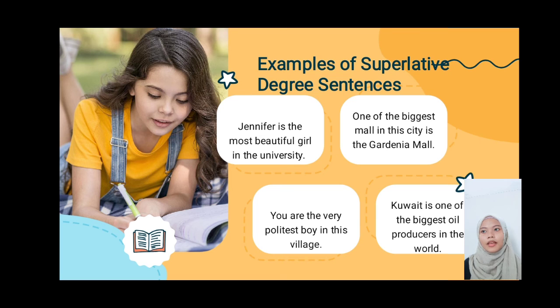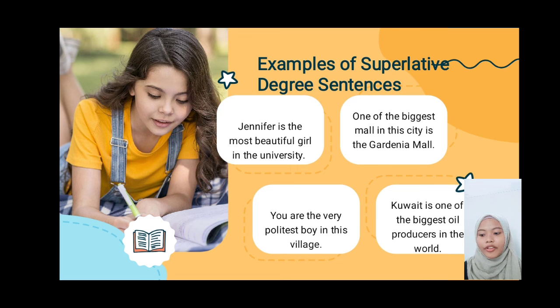Because beautiful has three syllables. Beautiful. And next example, one of the biggest malls in the city is the Gardenia Mall. The biggest. Biggest, big, one syllable, big. So we can use est.